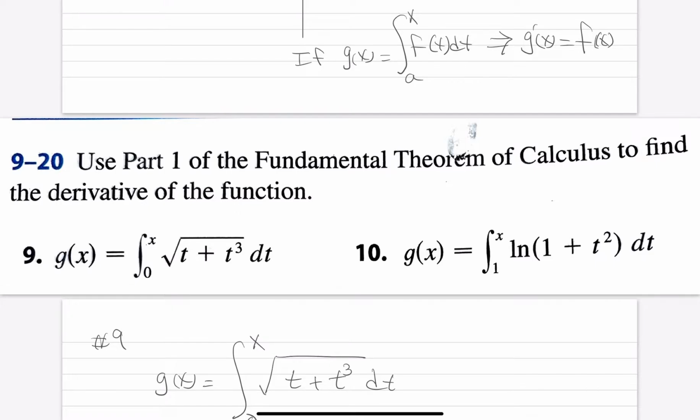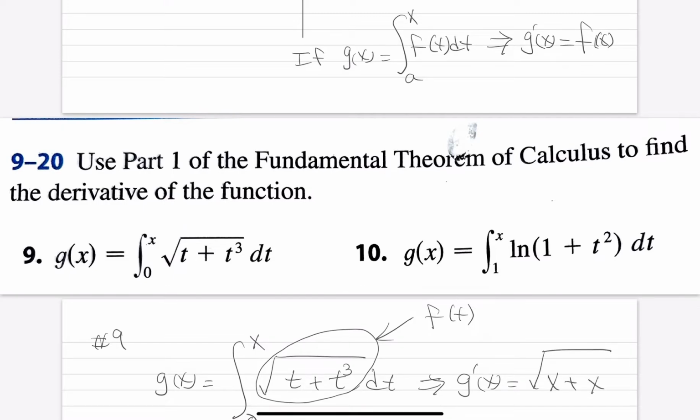Now this function is f of t, right? So g prime of x would be equal to f of x. I have the function, I just changed the variable to x. So that's the square root of x plus x cubed, right?